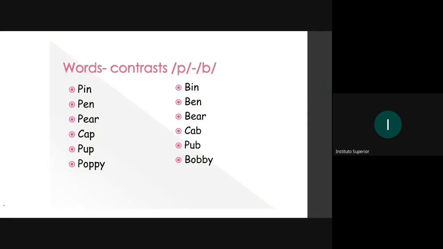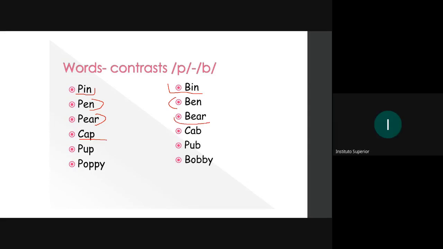Here we have another example, please. Read the first one. Pin. Bean. Okay, thank you. This one? Pen. Okay. This one. Pear.